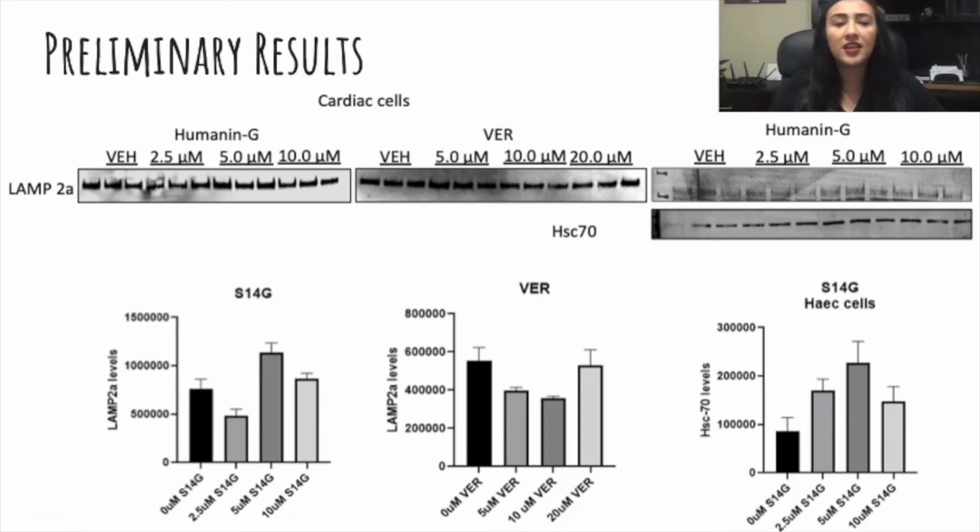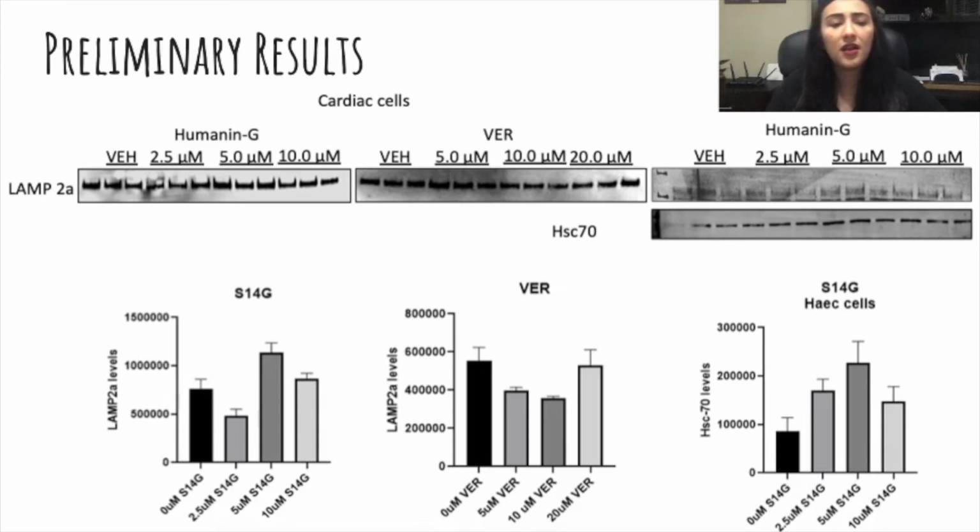As you can see, cardiac cells were tested for LAMP2A levels for both the inhibitor and the activator, and endothelial cells were only tested for the activator, but we were able to analyze both LAMP2A and Hsc70.